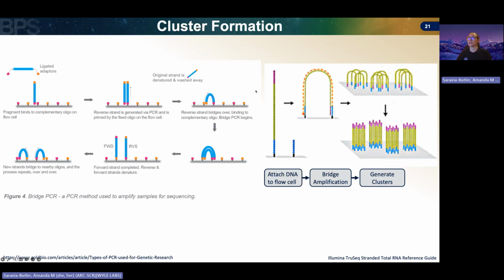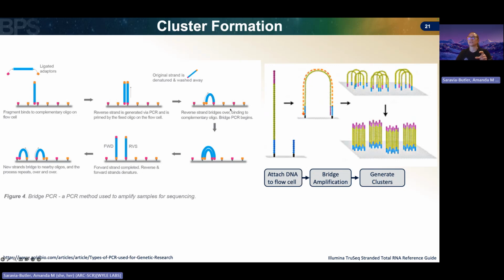And so the reason that cluster formation is so important is because it is making millions of copies of each strand that you want to sequence. This is important because sequencing by synthesis is actually quite error prone.